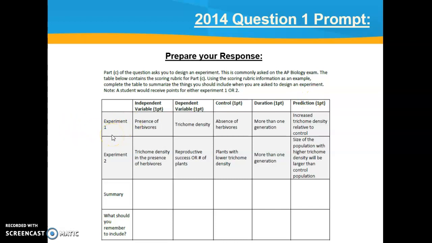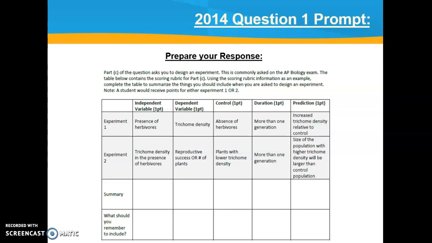You could say that we are going to have herbivores in one group and no herbivores in another. So that's what's going to be different between your groups. And you're going to count the number of trichomes on the plants. So in your experimental group, the one with the herbivores, you would count how many trichomes there are.